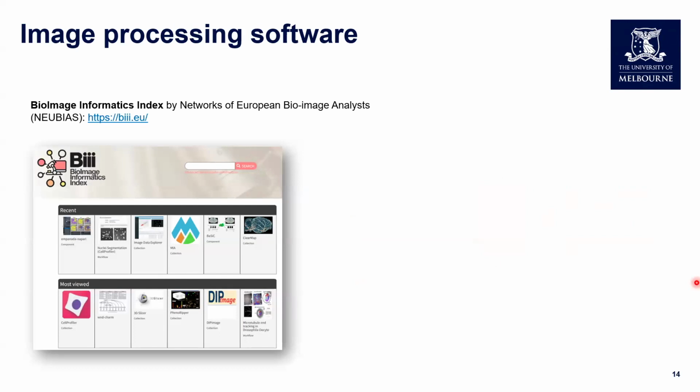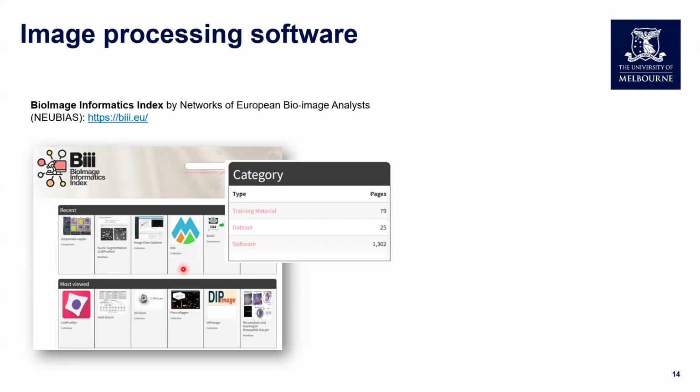And also there are many image analysis programs available in the world, so finding the best tool can be quite challenging. But luckily there are some search engines available, which were developed by the Network of European Bioimage Analysts, NEUBIAS. On these websites, we can get curated information on image analysis software and which types they are.